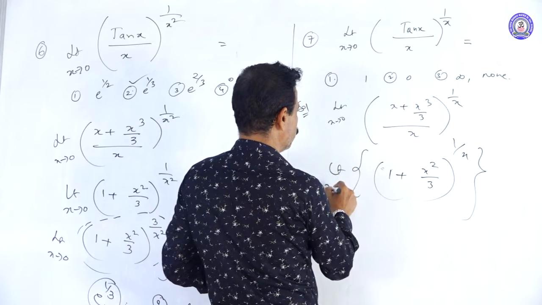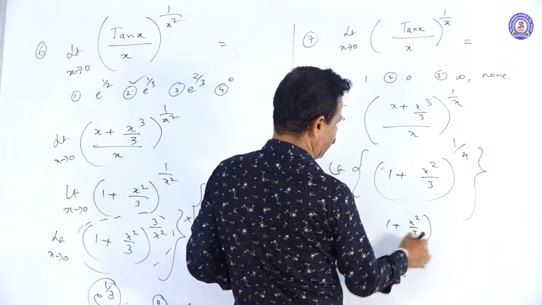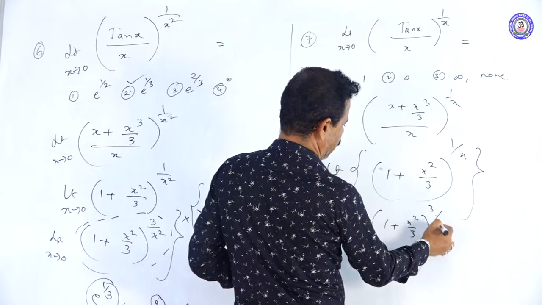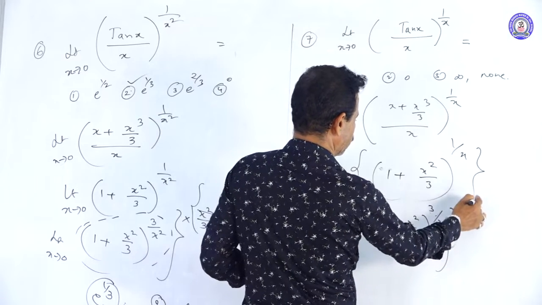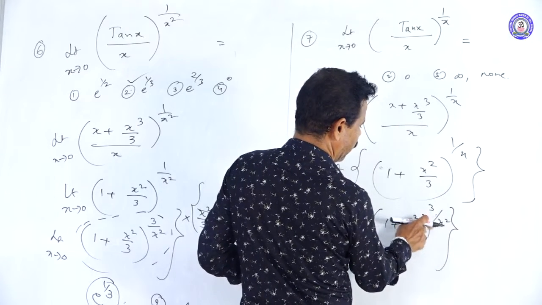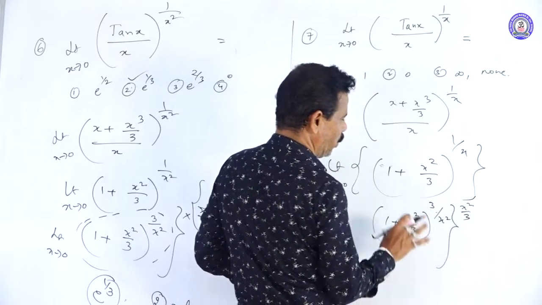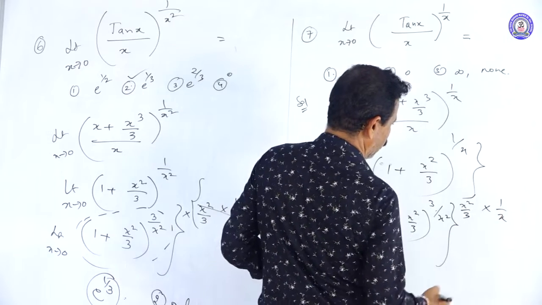Here also we write it as x square by 3 with power 3 by x square, up to here is enough. This is the extra power, so again we multiply by x square by 3. This is cancelled, only 1 is there. Again 1 by x, here we multiply 1 by x.